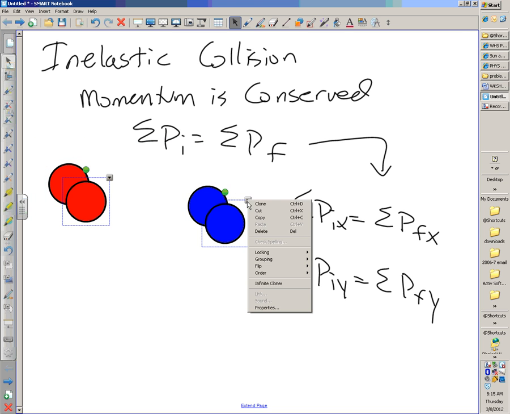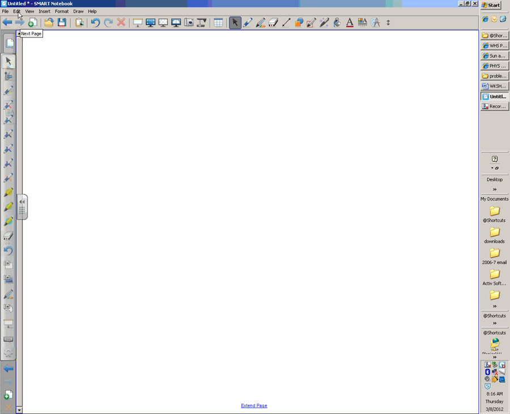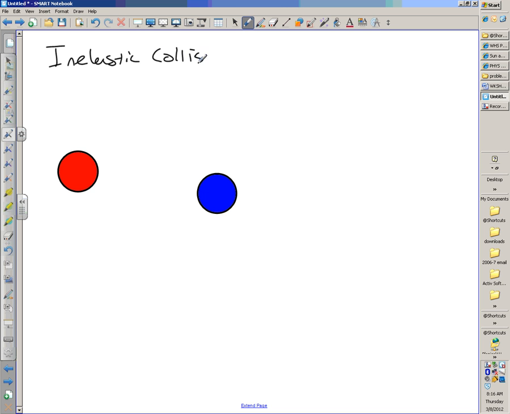So there's our two objects. First thing we said, this is going to be an inelastic collision.